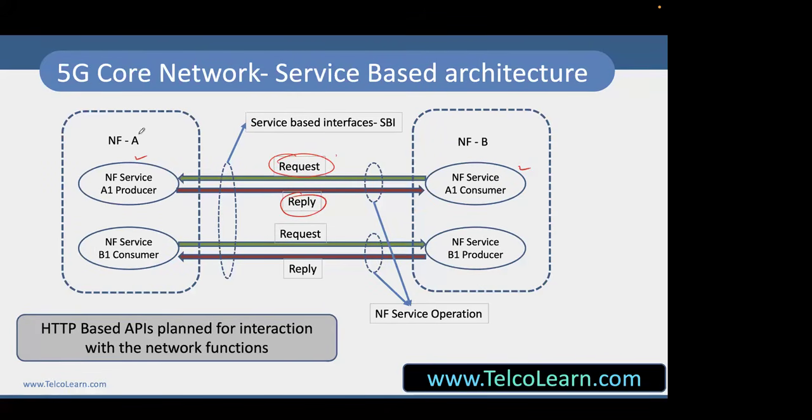So network functions like AMF, SMF, any network function, can be a consumer and can be a producer. For some services this can be the consumer and this the producer; for another service, this can be the consumer and this the producer. The consumer requests some information from the producer, and the producer replies with that particular information, right?